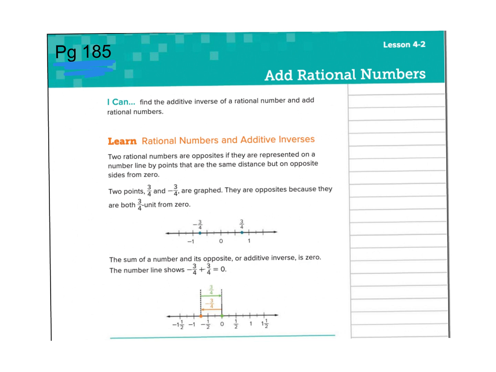All right, so on page 185, we're going to talk about additive inverses to start with. Okay, so you guys know that two rational numbers are opposites if they're represented on a number line by points that are the same distance. So if you guys look at 1 here, -1, they're both one spot from 0. So those are opposites, okay? Same thing here, I have 3/4 and -3/4. Those are also opposites.